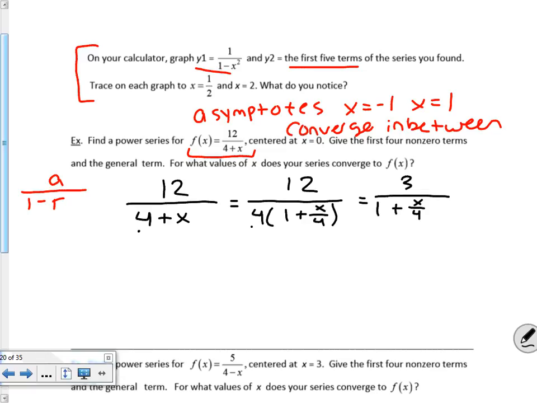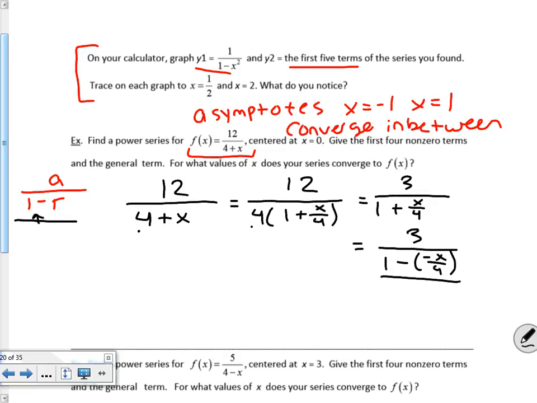Right? But we're still missing this negative right here. But this is easy enough to solve. I can write plus x over 4 as minus negative x over 4. Kind of the opposite of everything your algebra teacher taught you. Write it back as minus a minus. Okay? Now, this formula matches the sum of an infinite series.